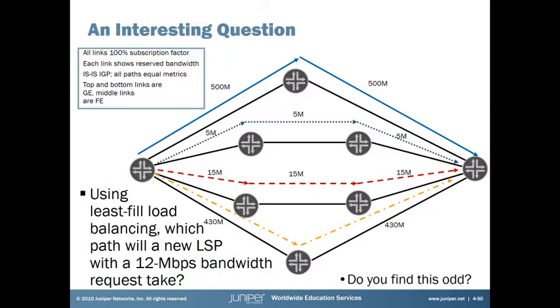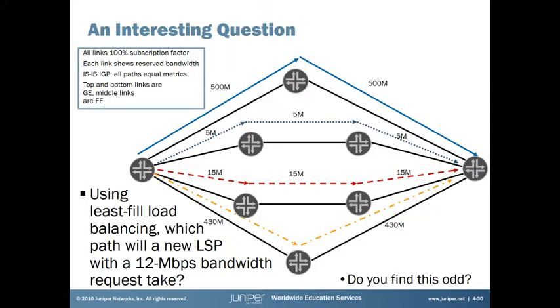All the links are allowing a 100% subscription factor. That means that we are making all the possible bandwidth available for MPLS, not reserving any bandwidth for anything else. If we say that the top and bottom links are gigabit Ethernet links, and the middle links are fast Ethernet links, what will happen now?